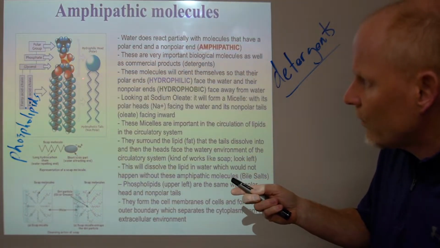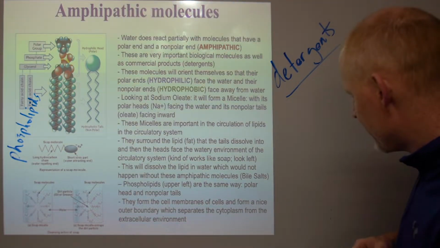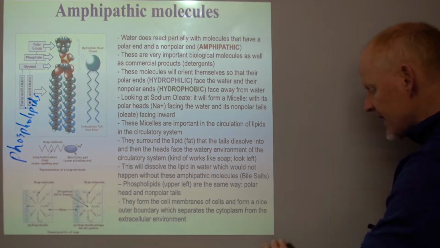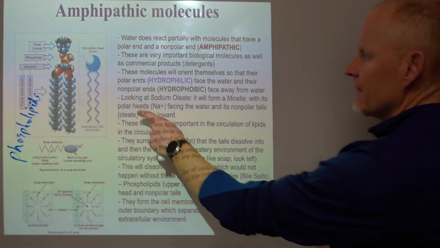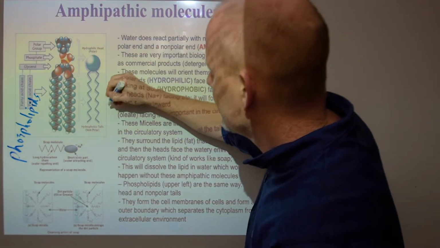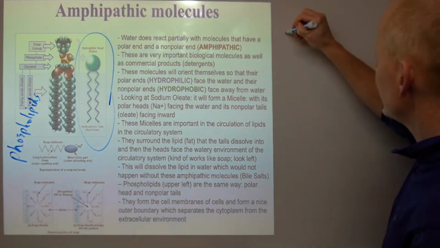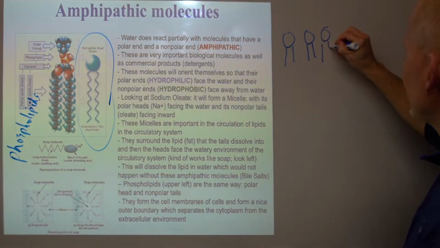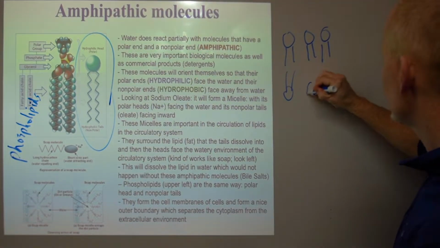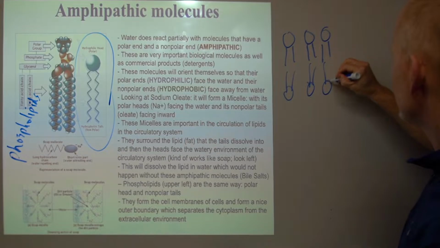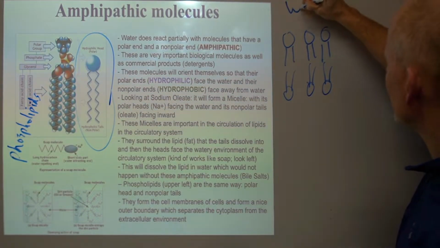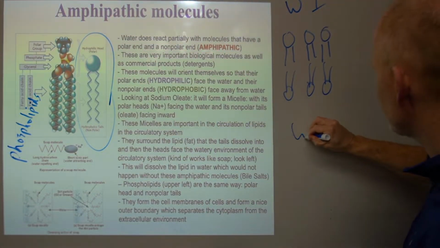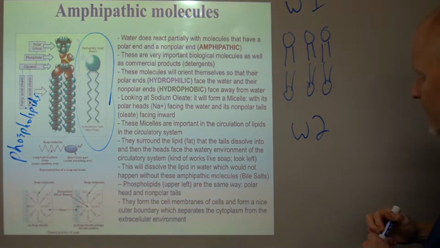Now, what these phospholipids will do is they will form a bilayer. And if you use this picture right here, they will do this in solution. They will form a bilayer, and I'm just going to draw 3 of them, like this, that will separate this watery environment, we'll call it W1, from this watery environment, which we'll call W2. All right?